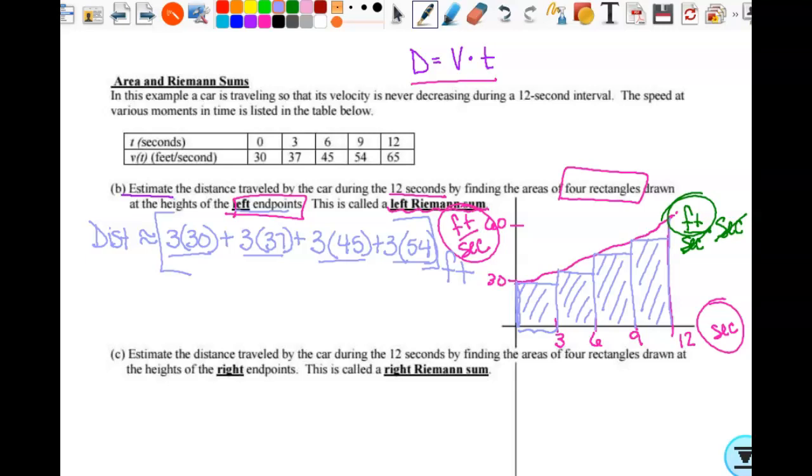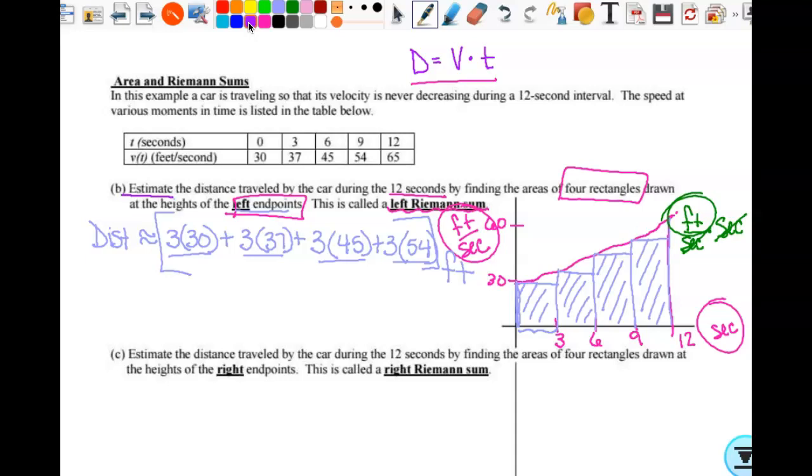It doesn't ask us to explain this, and it's not always good. Sometimes it will, sometimes it won't, but we're going to write out an explanation this one time just to make sure we can explain it correctly, right? So it says estimate the distance traveled by the car.